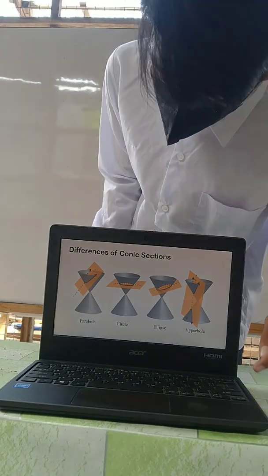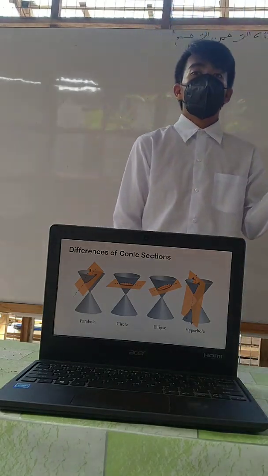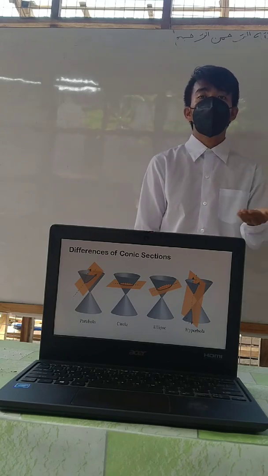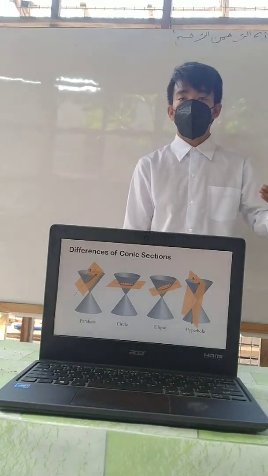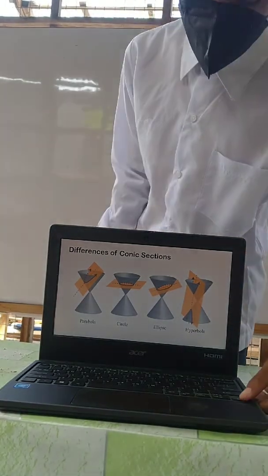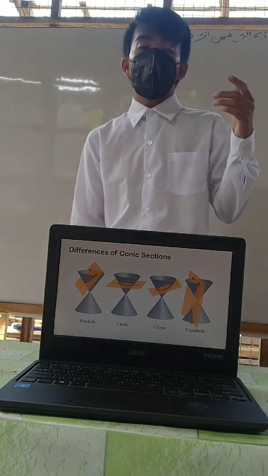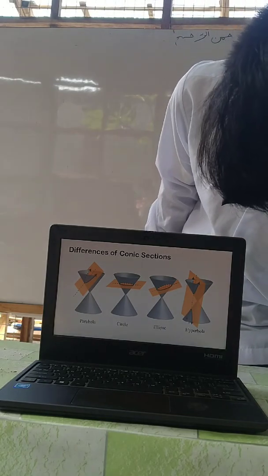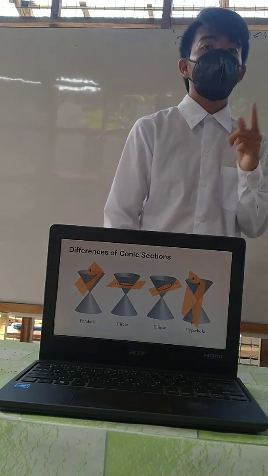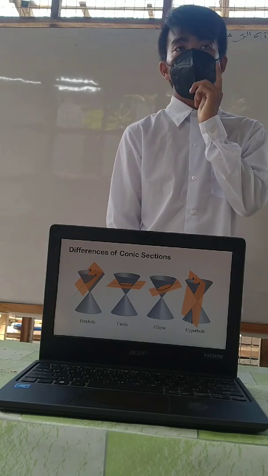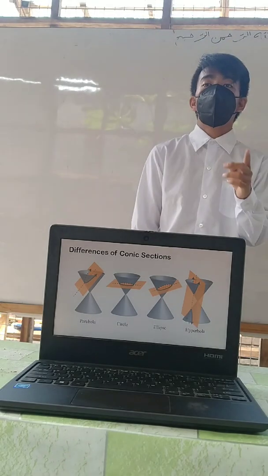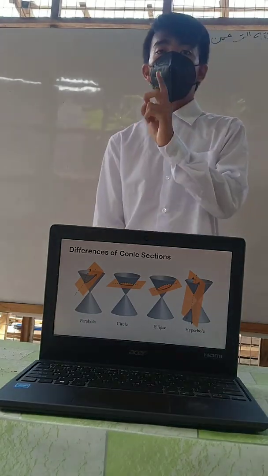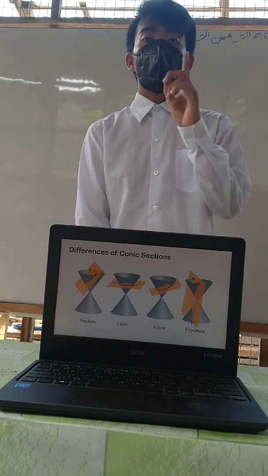The circle conic is horizontal to the base of the cone, and the parabola is formed when the plane intersects, not necessarily vertical, but it only intersects one cone and forms one unbounded curve.